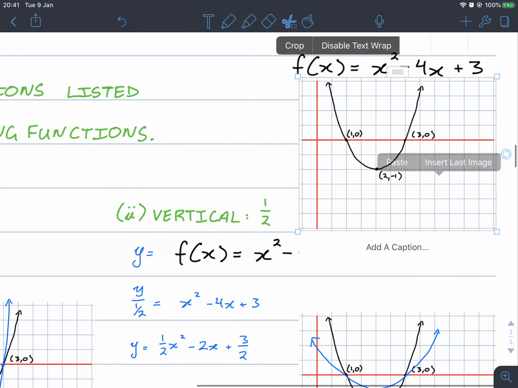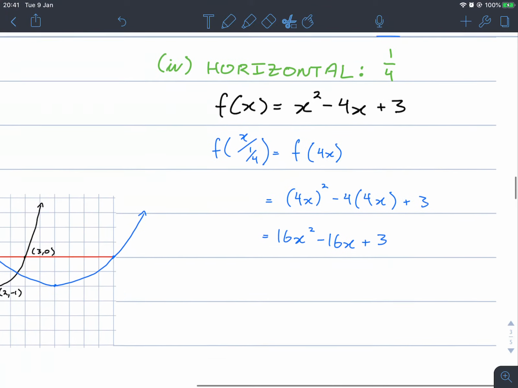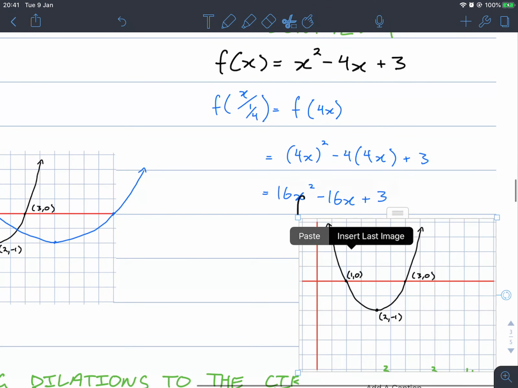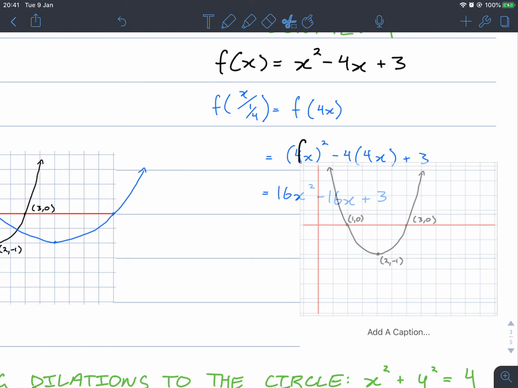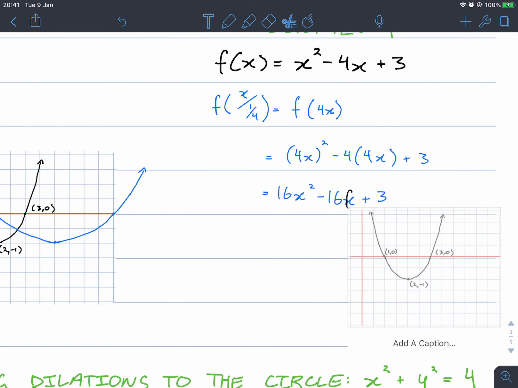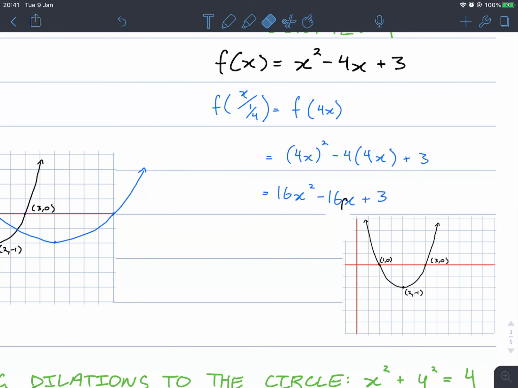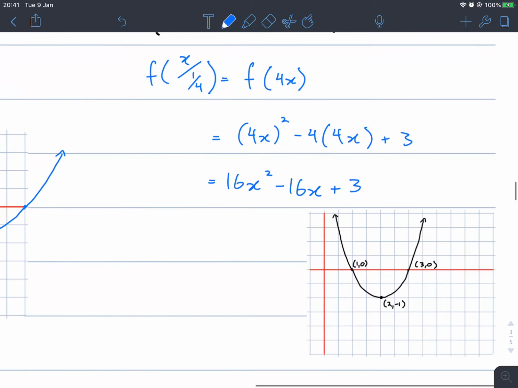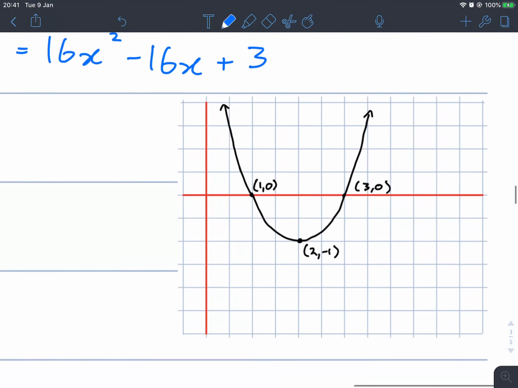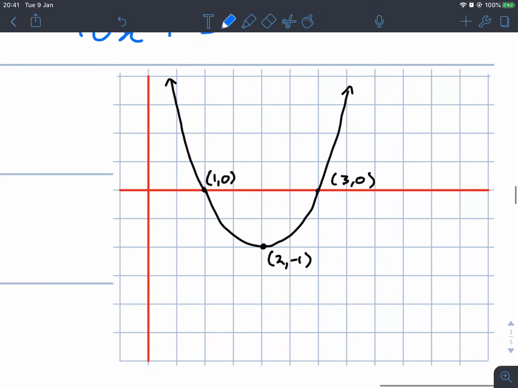Taking our original function in the graph, let's take a look at what this might look like. Let's try and fit it in over here. So now if it's 1/4 the distance, so if this is a distance of 1, it will now be 1/4 in. So it should be here. If this is a distance of 3, it should now be 3/4 in.